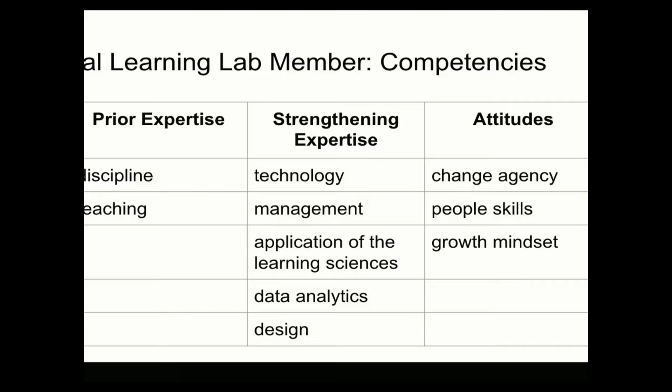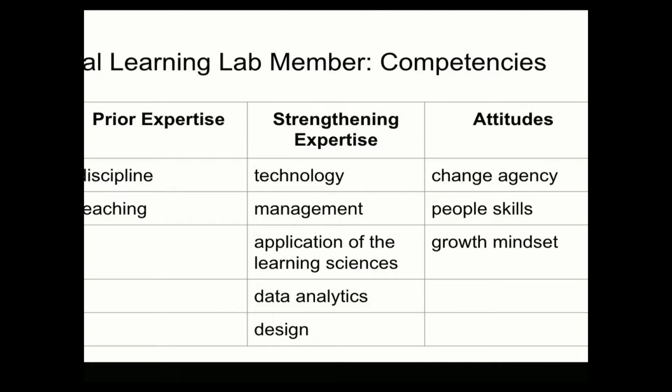But one key thing is that they also have other soft skills or power skills that are right for the job. They have to work with a lot of different people and understand learners. There's also this idea of being change agents for departments. Especially in 2013, it was really important to have that attitude and the right people skills, and it's really important to have a growth mindset, just like we heard this morning, of always learning something new within technology or what is coming out in education research.